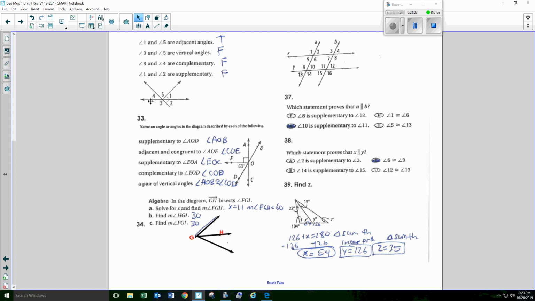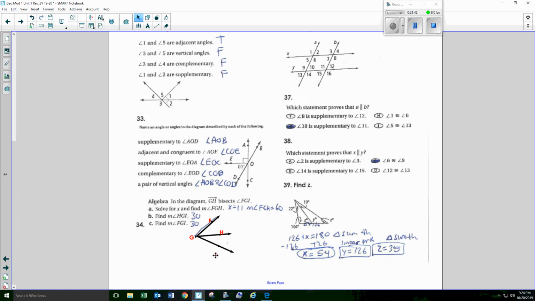Well, there's a G, so I need an F, point F on here somewhere, and point I. So put the F right, oops, F and I. There are always capital letters for points, never lowercase. Lowercase are used for side lengths. Okay, they bisect it. Solve for X to find the measure of angle FGI.